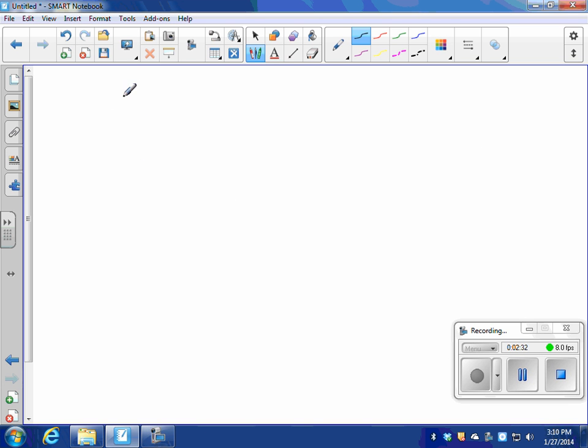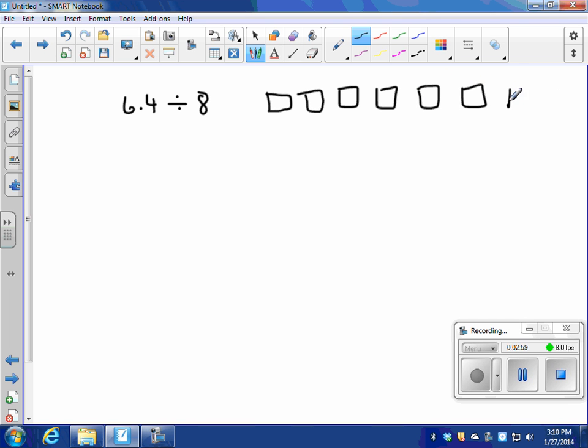All right, now we'll do a bigger problem. Let's do 6 and 4 tenths divided by 8. So I'm going to represent my wholes by using squares. 1, 2, 3, 4, 5, 6, and then I have 4 tenths, and those are going to be represented by lines.